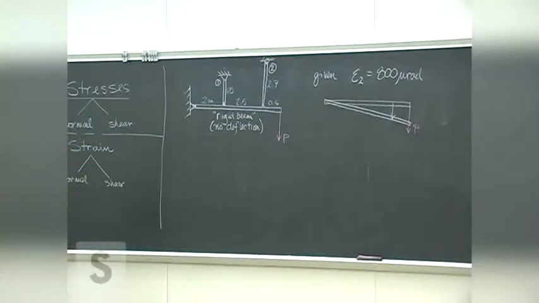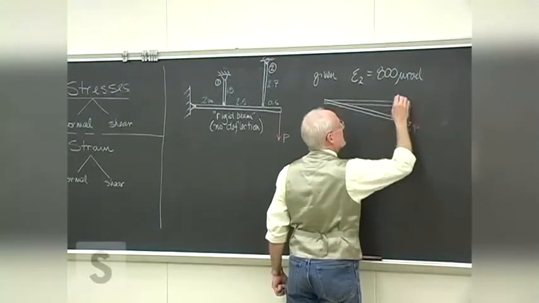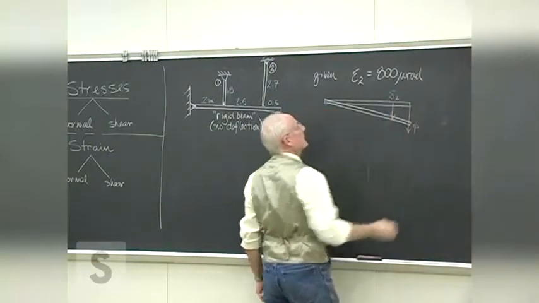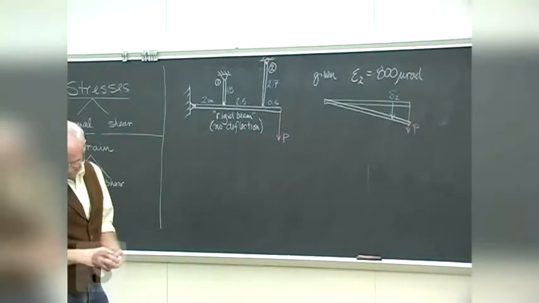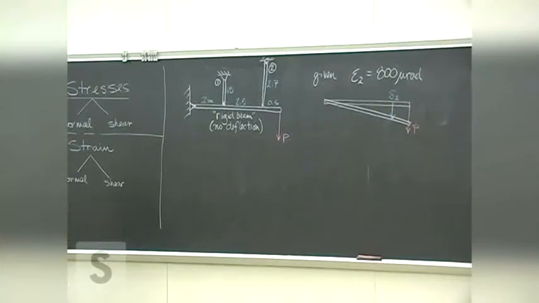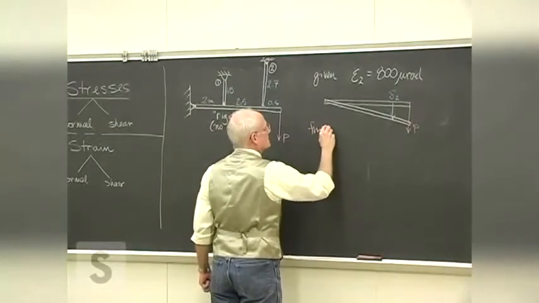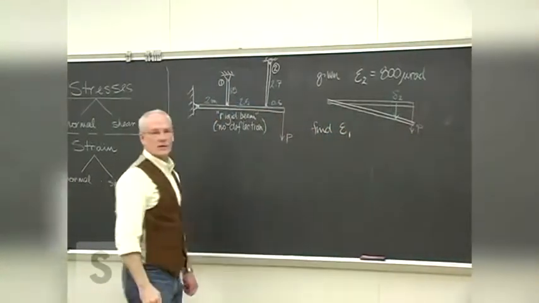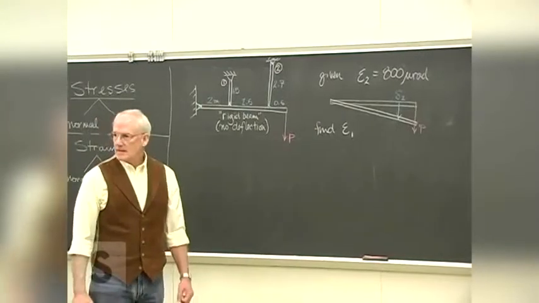So what we're given is the information of what this deformation is in piece 2. Just simply measured it. So our task then is to find the strain in that first piece. What does it suggest?